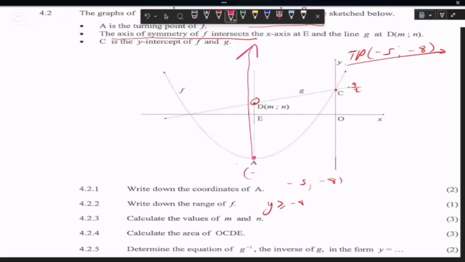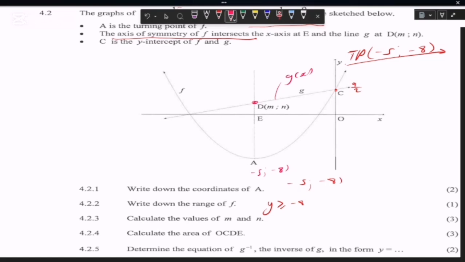So this guy is (-5, -8), and then we have the equation of the straight line. This one is g of x, the straight line is g of x. Now, we want the coordinates of this point, point D, the point whereby the graph of G is meeting with the axis of symmetry of our parabola.